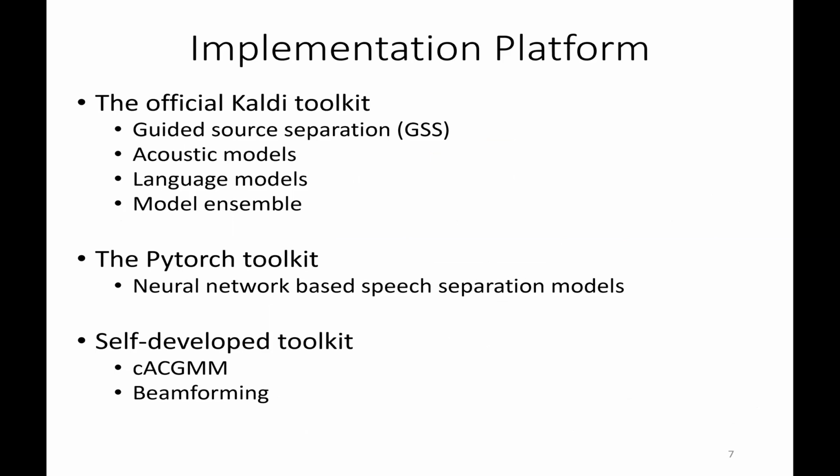We use the official Kaldi toolkit to implement GSS, acoustic models, language models, and model ensemble. We use PyTorch to implement the neural network-based speech separation models. Also, we have self-developed tools for CA-CGMM and beamforming.